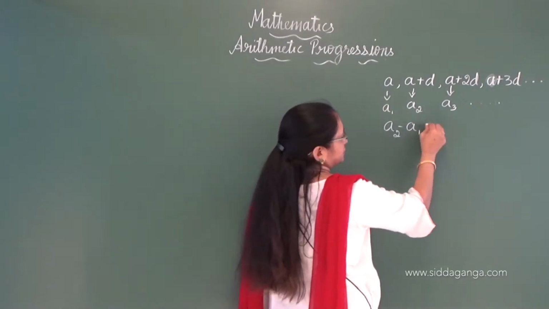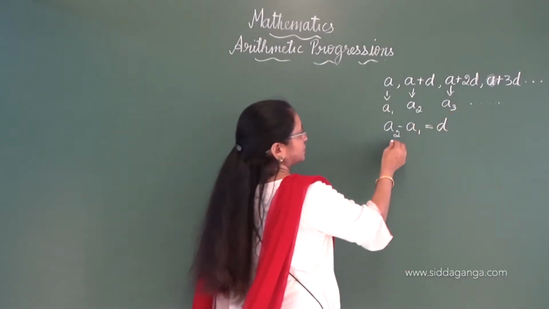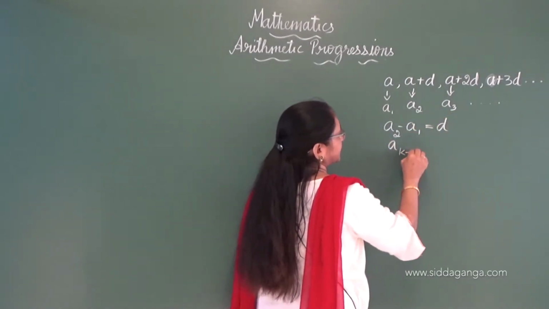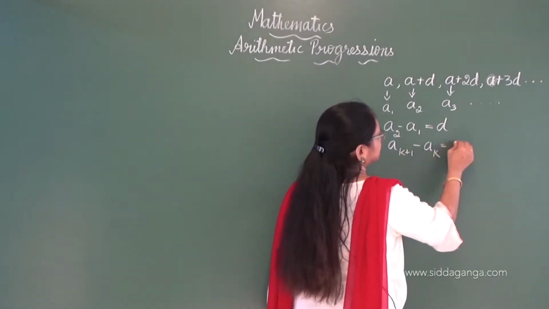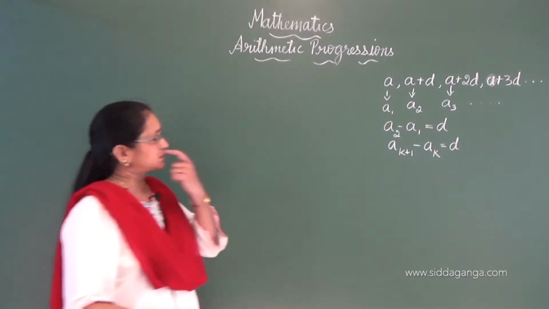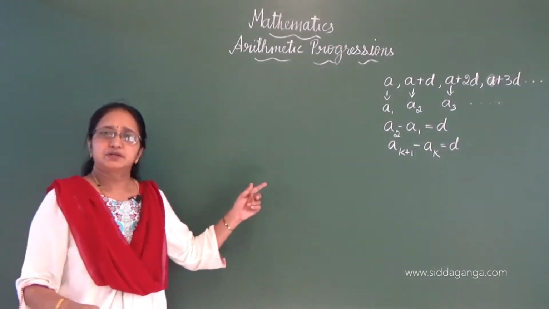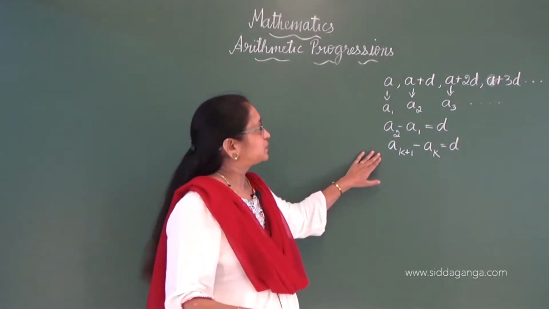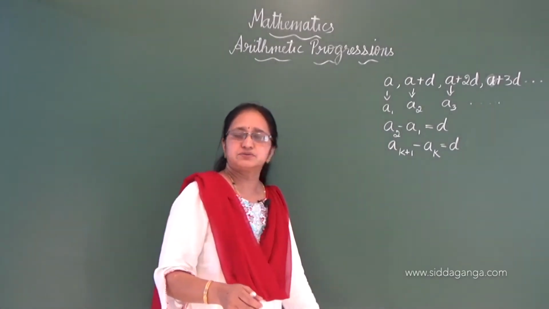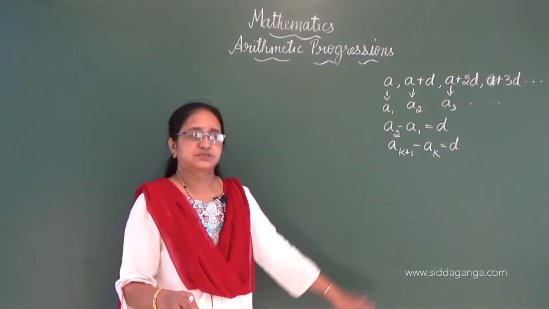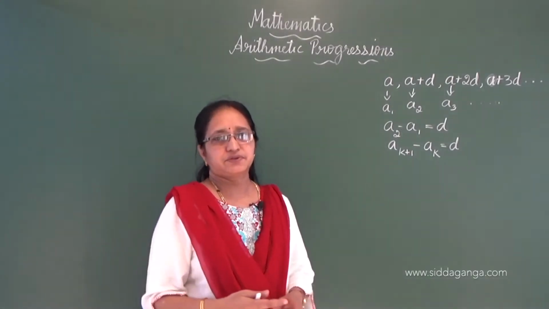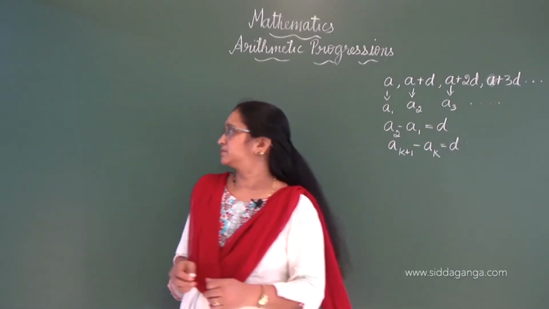This will give you the common difference, or in general we can say that A(k+1) minus A(k) is equal to d. These are the things we studied in the previous class. I had given you two examples related to this concept. So today let us start with exercise 5.1.